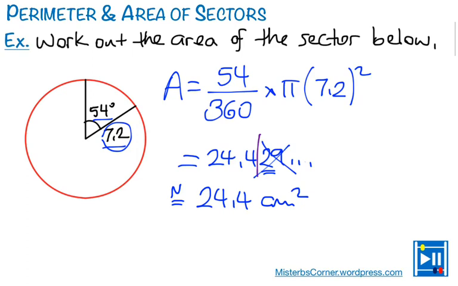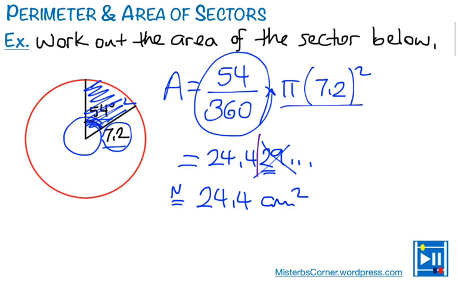So this is how you find the area of the sector. You just use the same idea, a comparison of the given angle to the whole circle, so 54 over 360, that gives me this slice, all right? So if I use the area formula with this, I end up with the area of the sector, which is the shaded region, right?